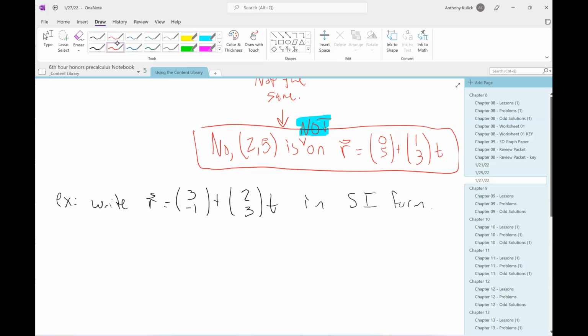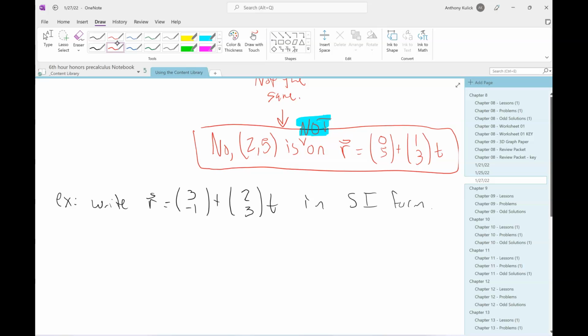Again, I know you know this, but sometimes it helps to remind us. To write an equation in slope-intercept form, we need two pieces of information. Either we need slope and a point or 2 points. I can generate either from this vector line equation.